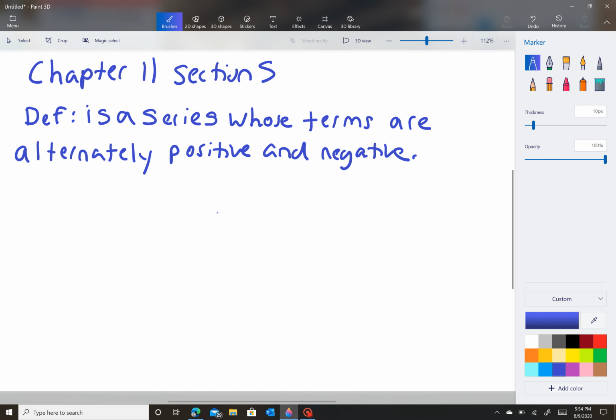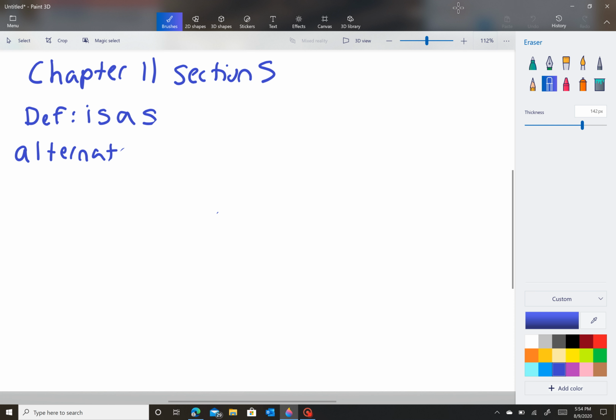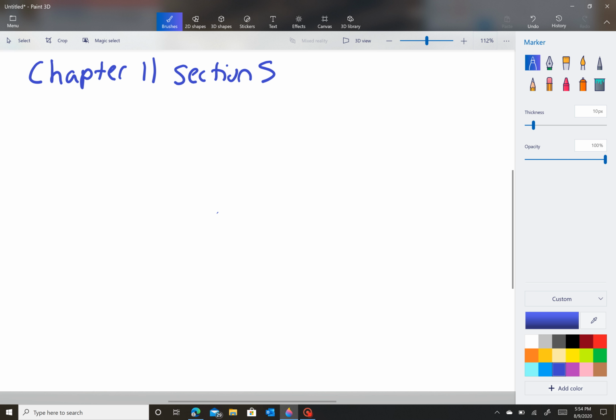So obviously there are rules that make up an alternating series. And that rule is in fact the alternating series test.